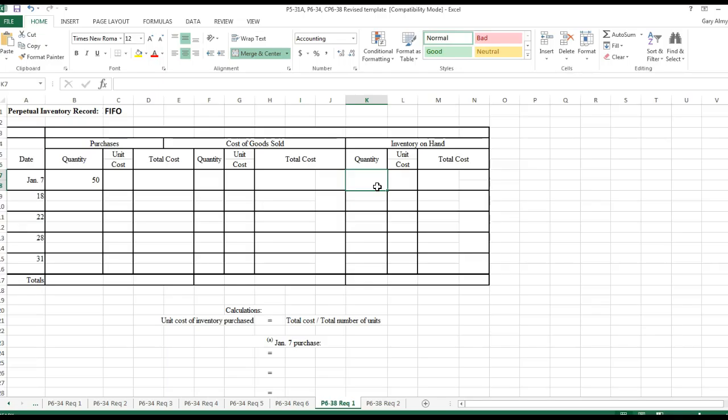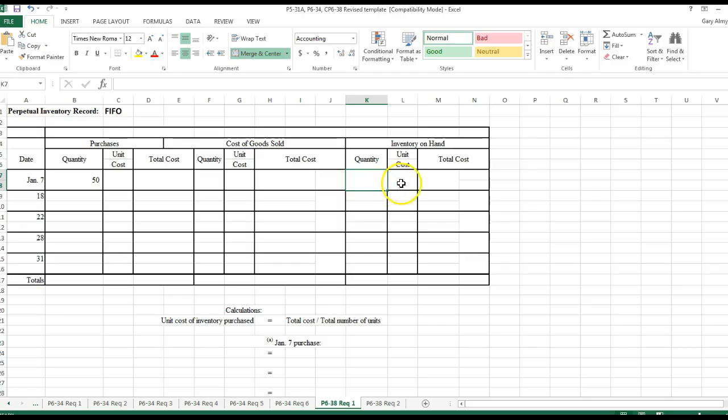Another thing that I wanted to point out is that on January 31st, we only have to do Part D. And it's a little confusing because Part D says the physical count of software inventory is 50 units. What is that telling you?